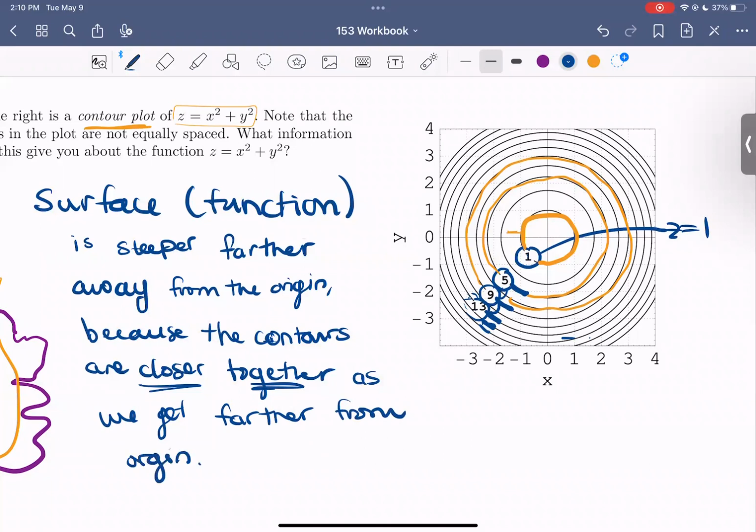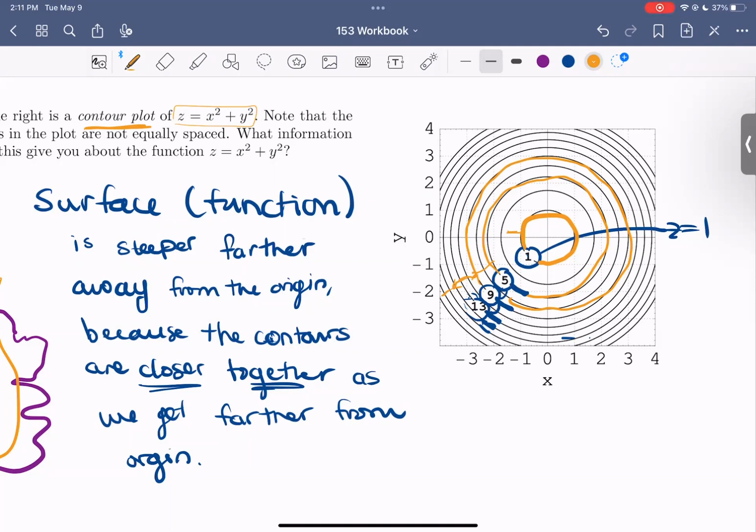If we're walking along the surface, we can go the same distance in the x and y direction, but we're going to have to climb higher and higher, so our elevation changes more for the same distance in the x and y direction. This is going to be useful as we do more work with functions of two variables, because this is a calculus class, and we're interested in how functions change.